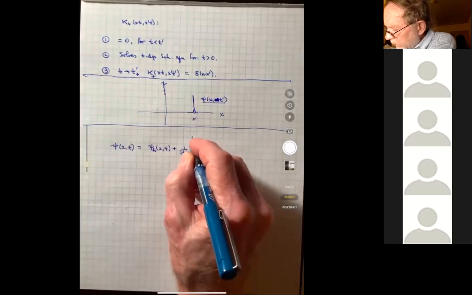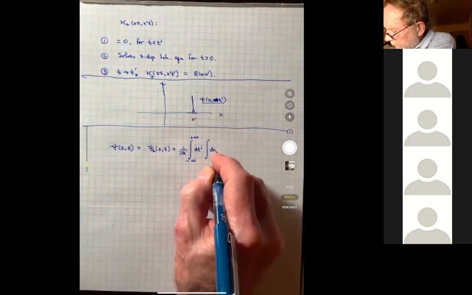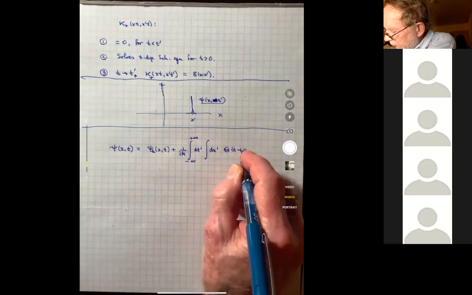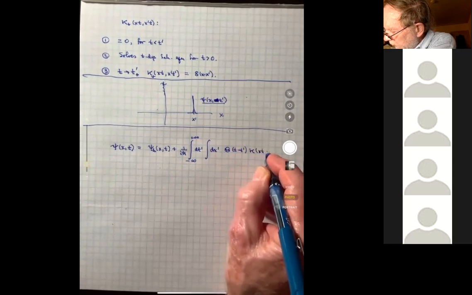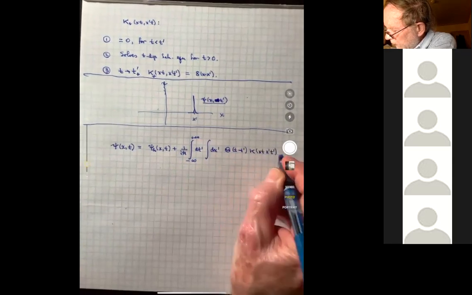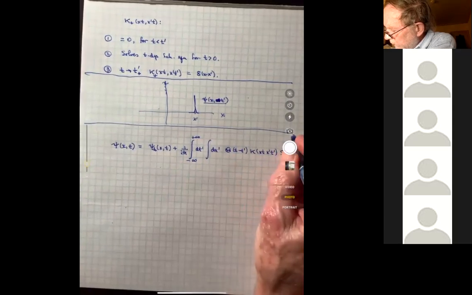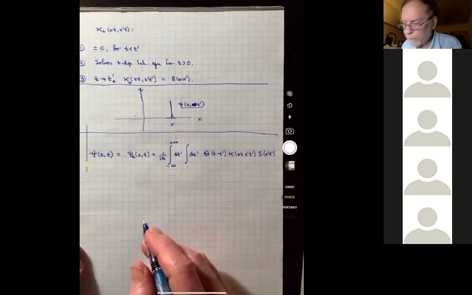So we have the integral from minus infinity to plus infinity dt prime and the integral dx prime. And then we have the step function theta of t minus t prime. And then we've got the k plus of x and t, x prime and t prime. And then we've got the source evaluated at x prime and t prime. Okay. So this is what we get by just plugging in the formula.